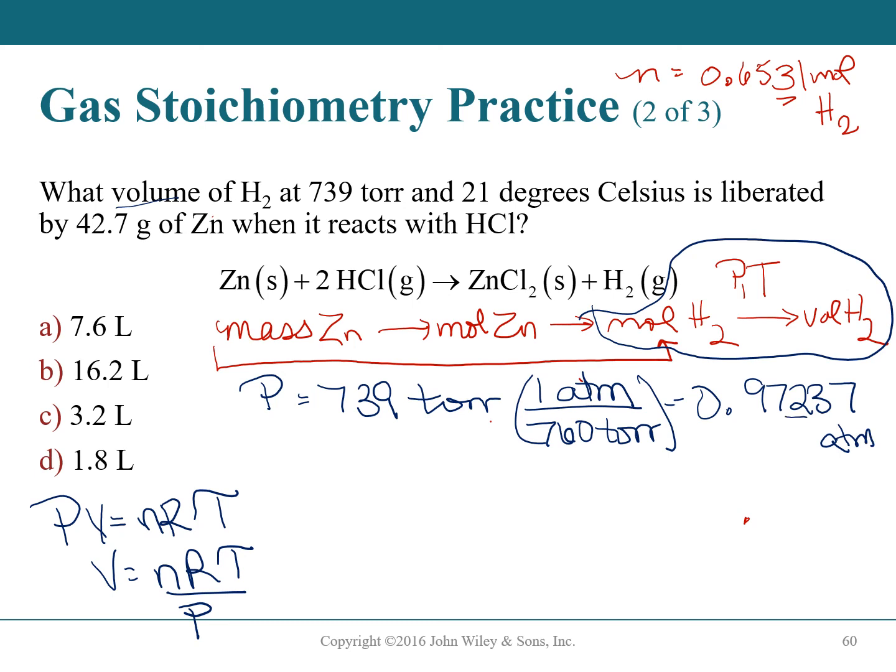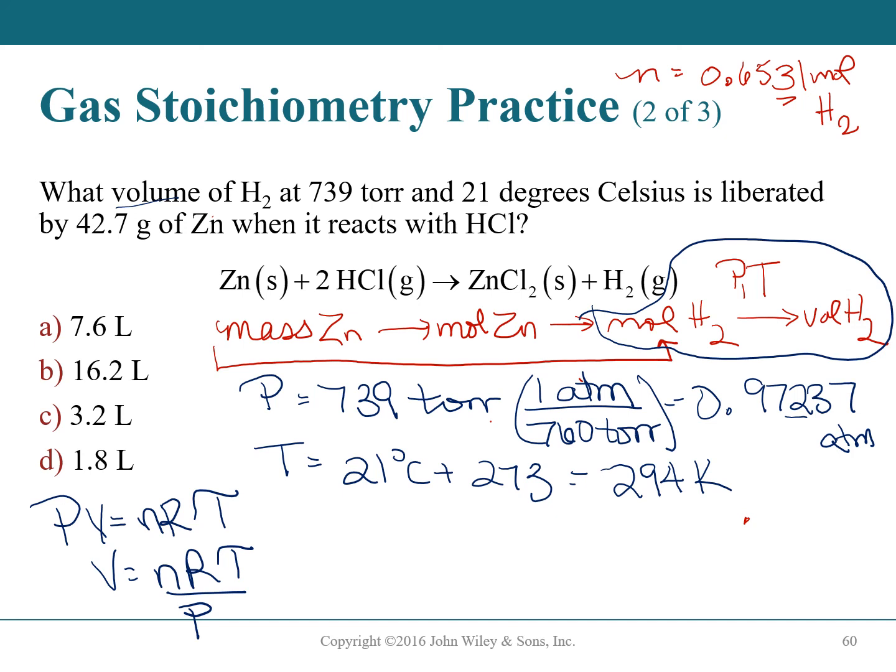Our temperature is equal to 21 degrees Celsius. We're going to have to add our 273 to that to get it into Kelvin, and that's 294 Kelvin. So now that we have all our values, what we're going to do now is just plug the numbers in and calculate out our volume.